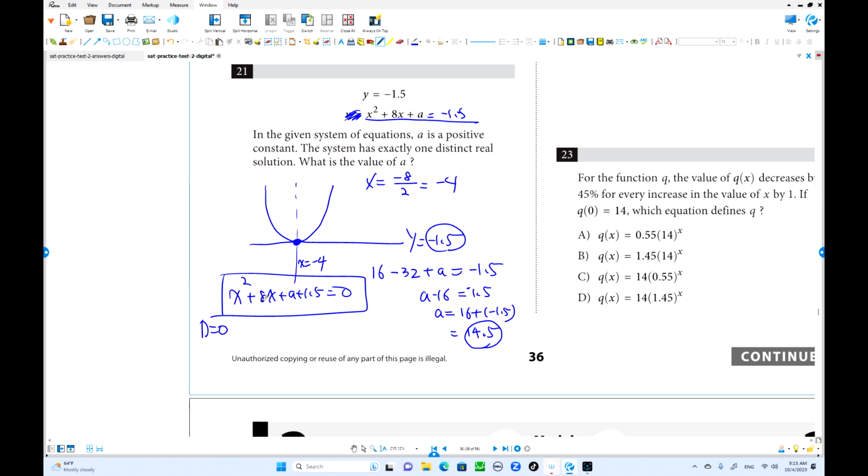So b squared, 8 squared is 64, minus 4 times a, which is 1, times c, which is a plus 1.5. This should equal 0. Divided by 4, 16 equals a plus 1.5. So a equals 16 minus 1.5, right? 14.5. You can use the discriminant, that is okay.